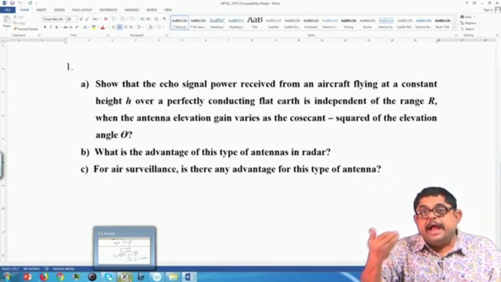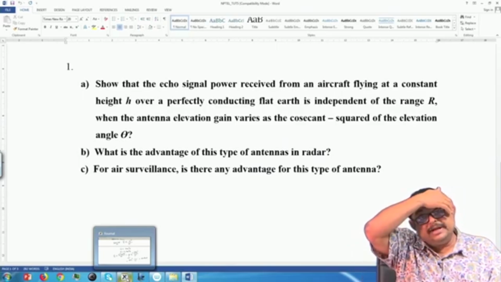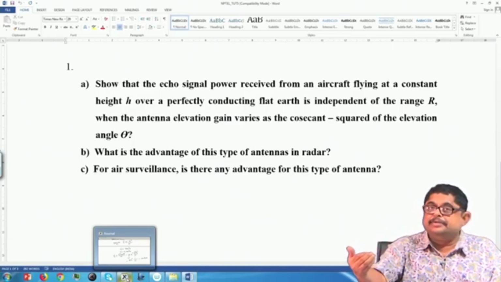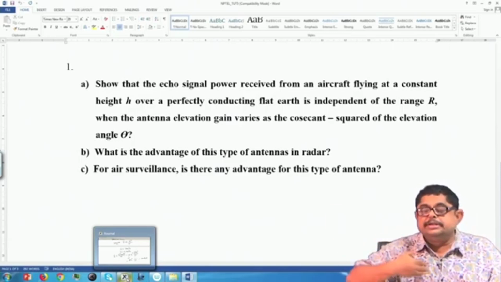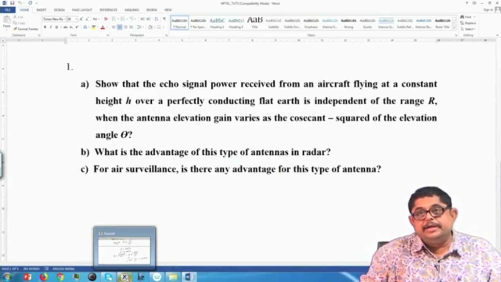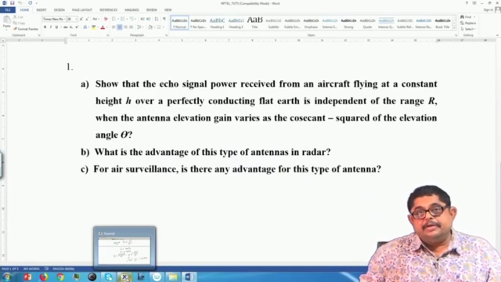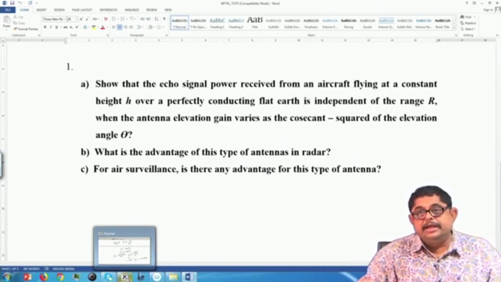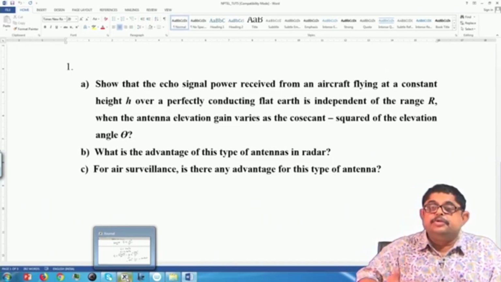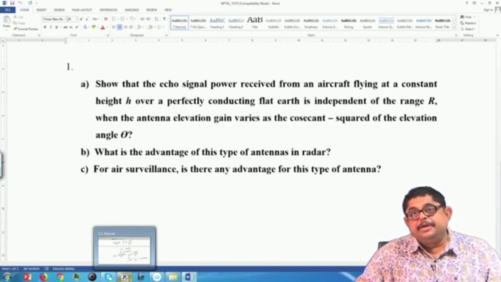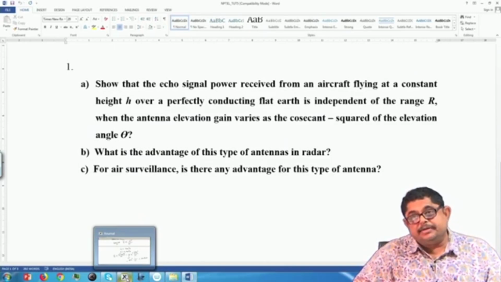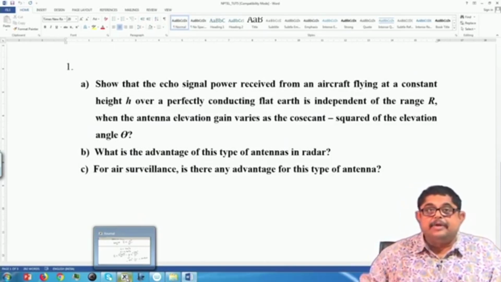So, the dynamic range required from the receiver is small, because I have a constant power received, while noise varies depending on range, etc. If we want more dynamic range from a receiver, we will have to design it more sophisticatedly, and the cost increases. So, that is an advantage.